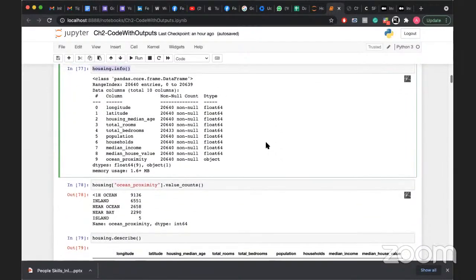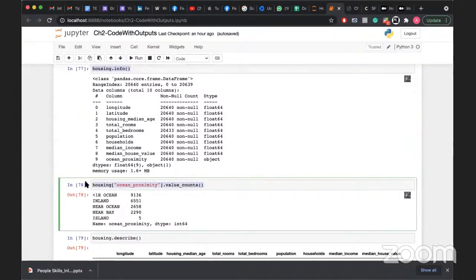Good, good. Now, do housing["ocean_proximity"].value_counts(). What is the purpose of this particular function call? It goes through the column ocean_proximity and counts the distinct values that are used to fill the column. Please execute this.